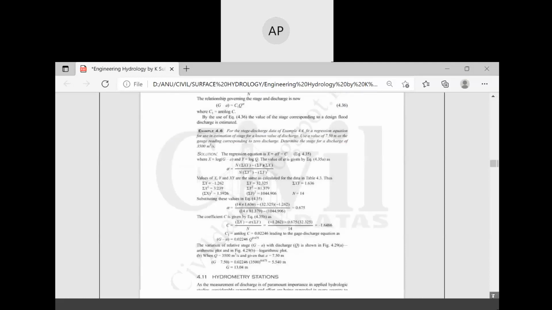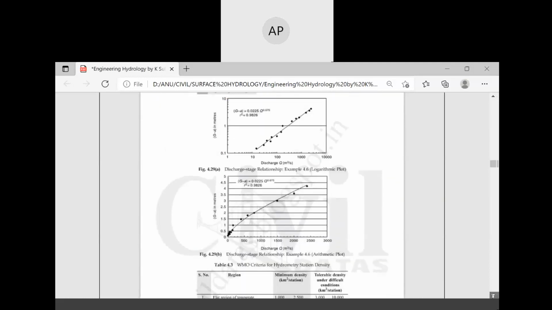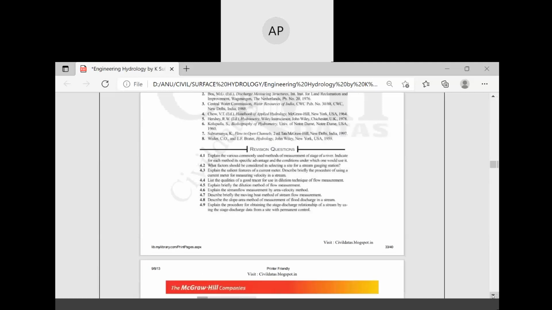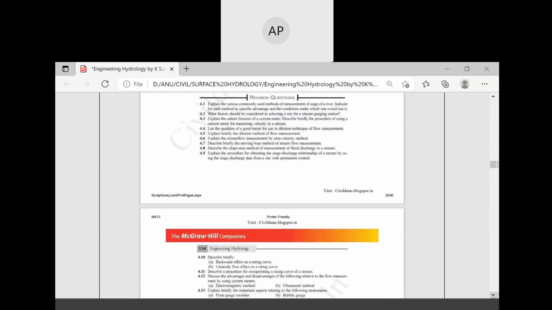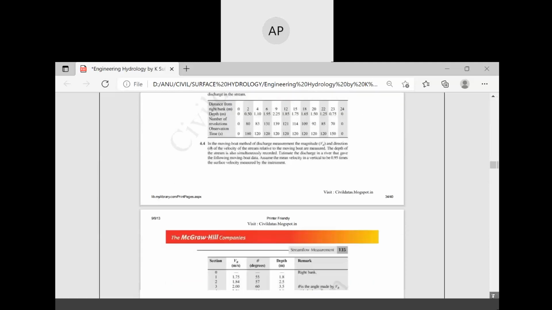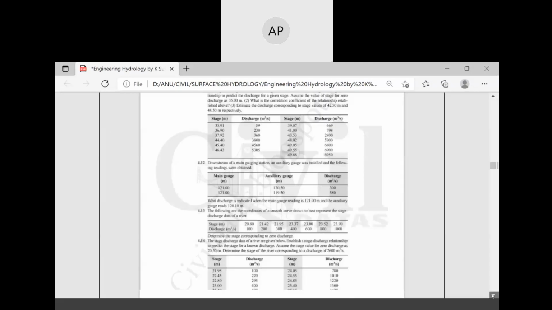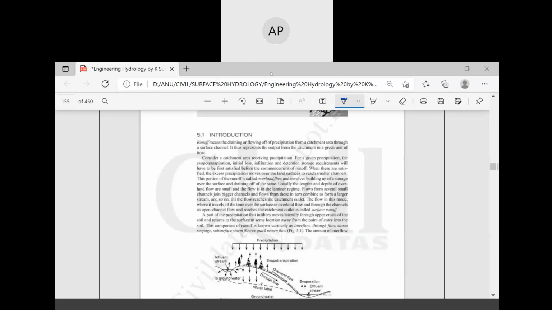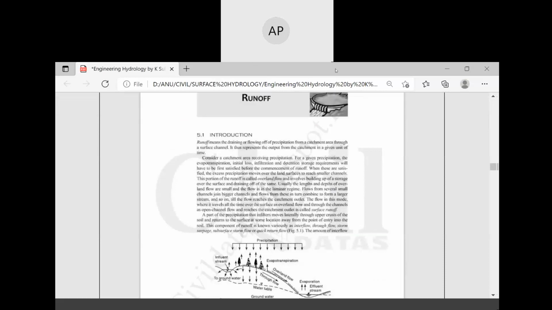All the things we will not discuss here, okay? Only those which are important, that portion I'm discussing here. Your next chapter will come after the slope area method; we will go to the next chapter, which will be runoff. So we will discuss it in the next class.